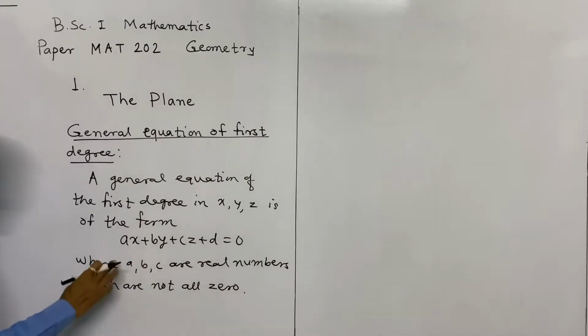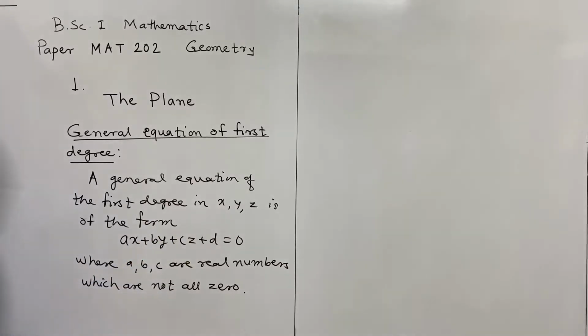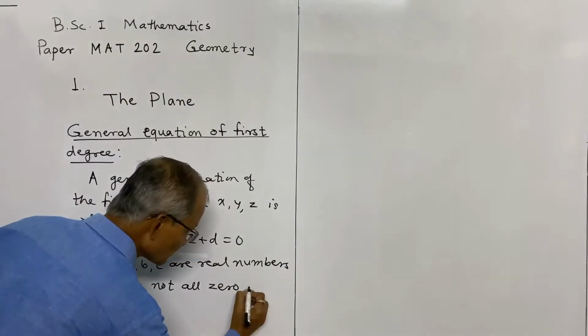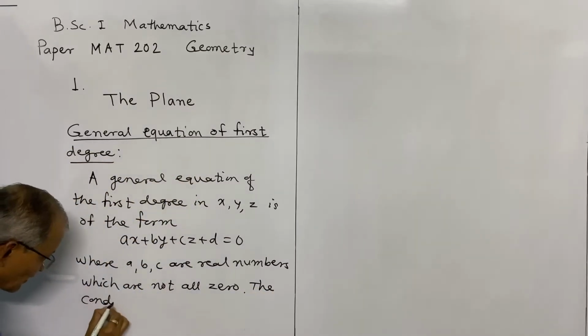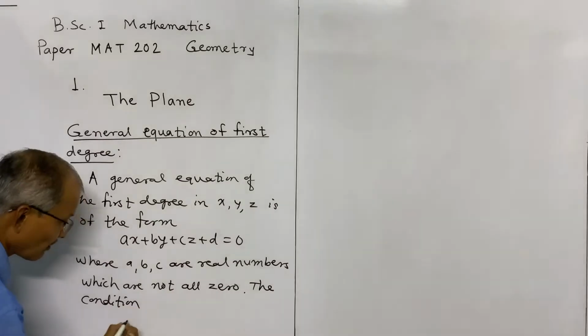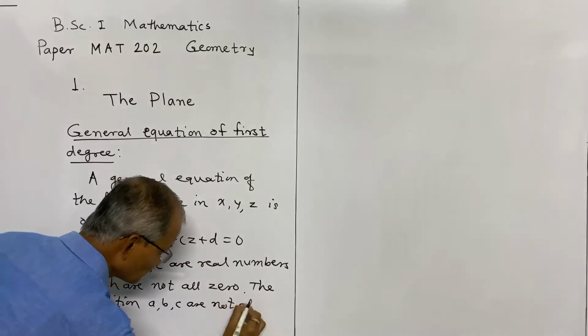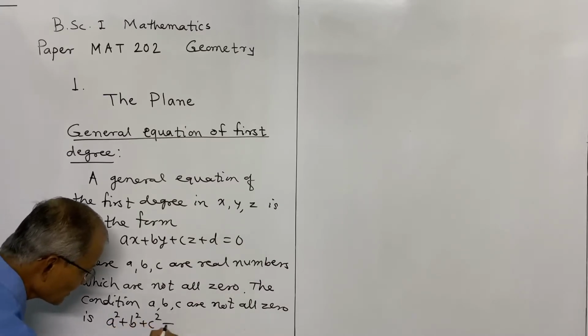What happens if all are 0? If a is 0, b is 0 and c is also 0, then the equation will not exist. Then d is also 0, so nothing will exist, and therefore at least one of them is non-zero. So this condition, a, b, c not all 0, is equivalent to a square plus b square plus c square is not equal to 0.